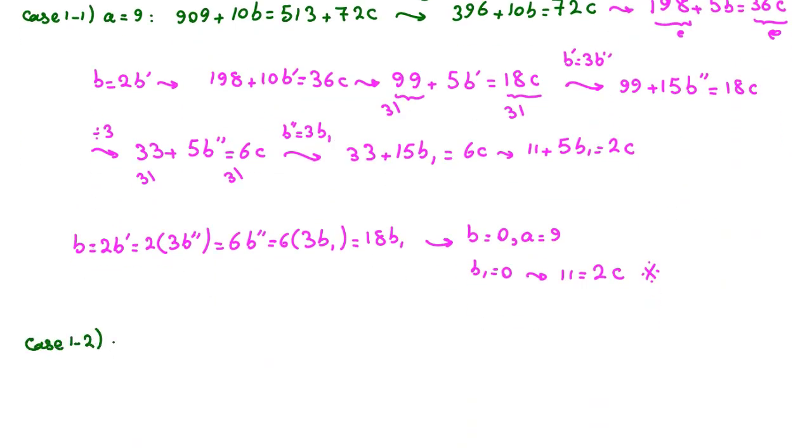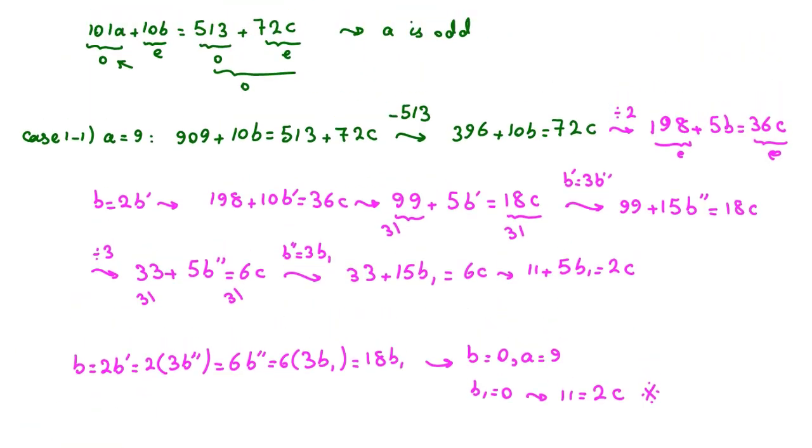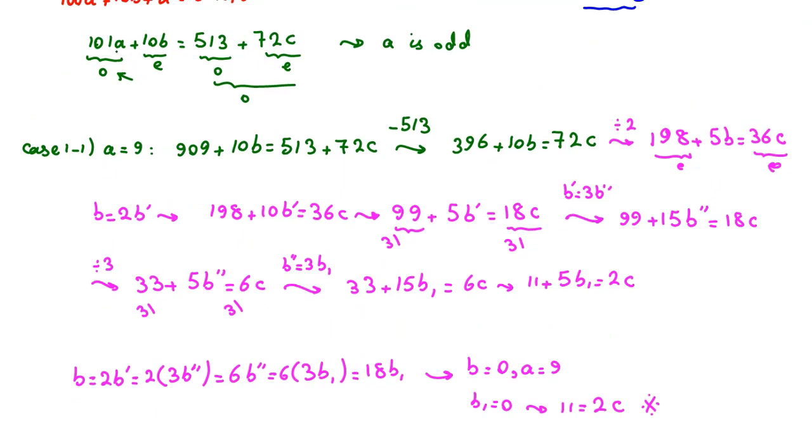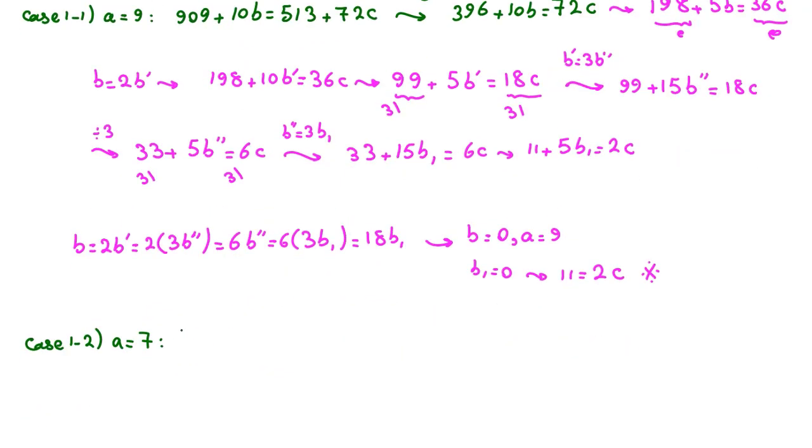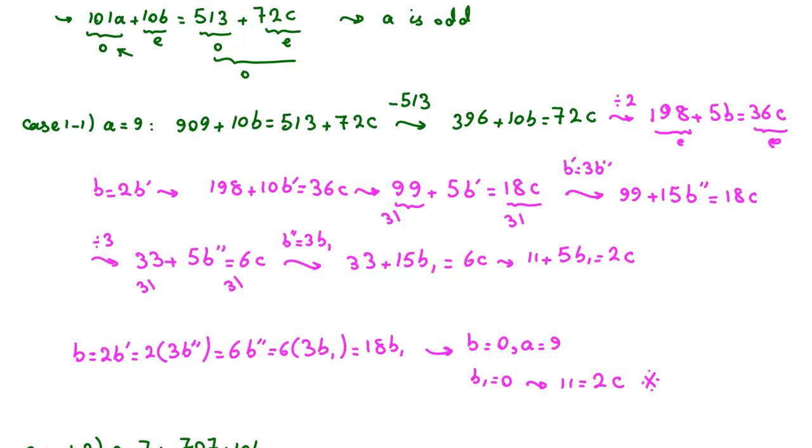We said a is odd, so the next case we should check is a = 7, because we want to find the largest. After 9 we check a = 7. Now if we replace a with 7 in this equation, 707 plus 10b equals 513 plus 72c.